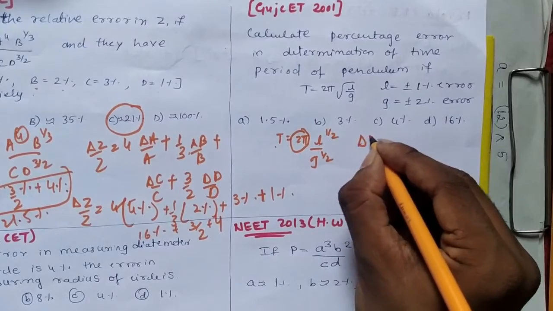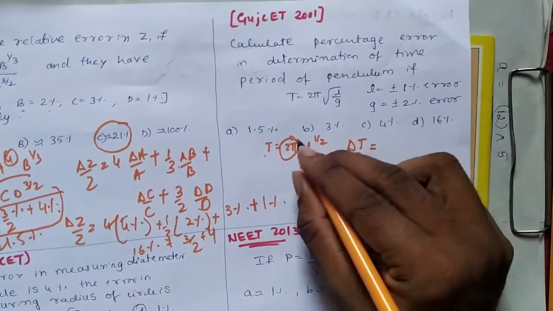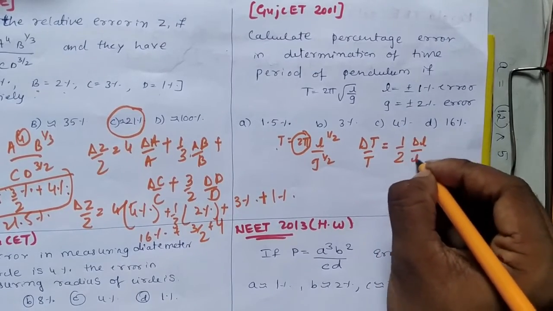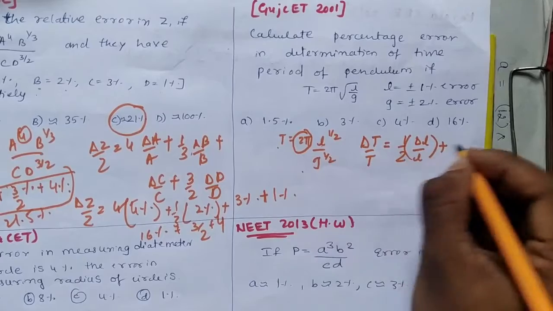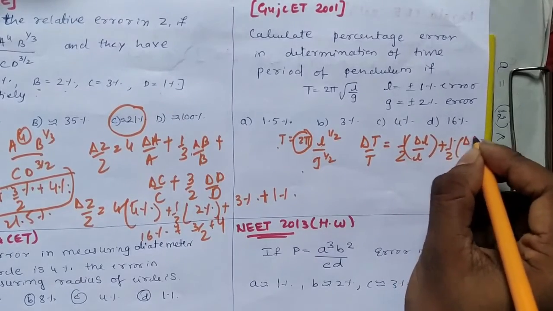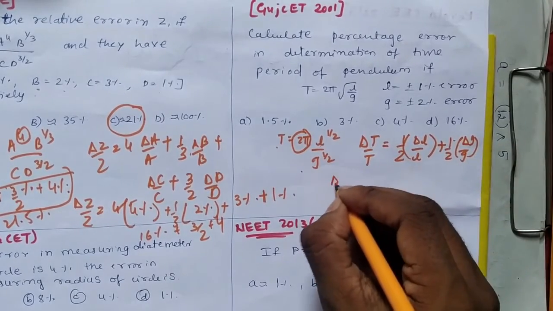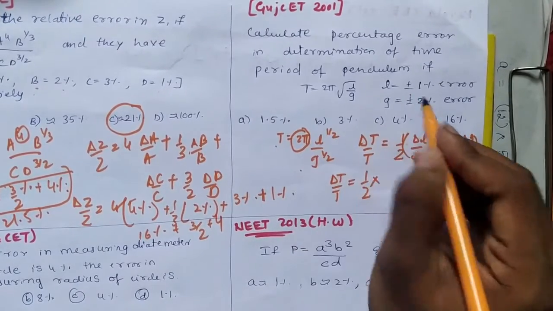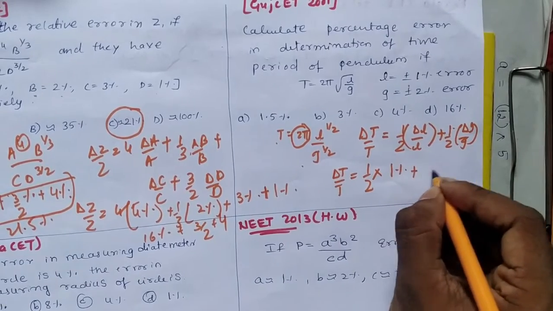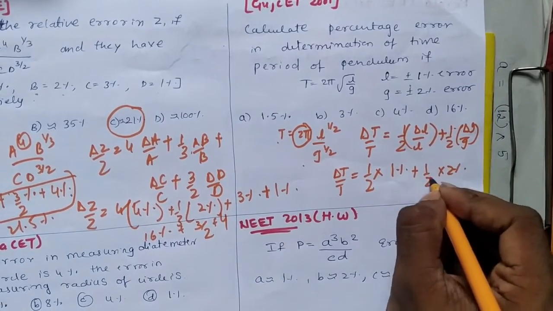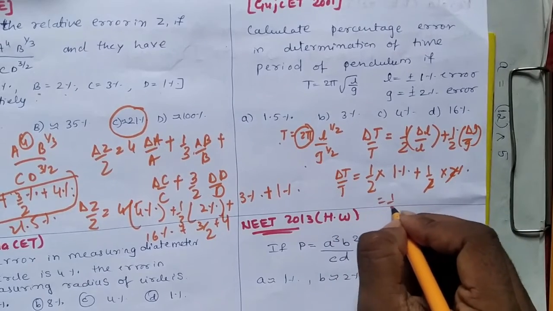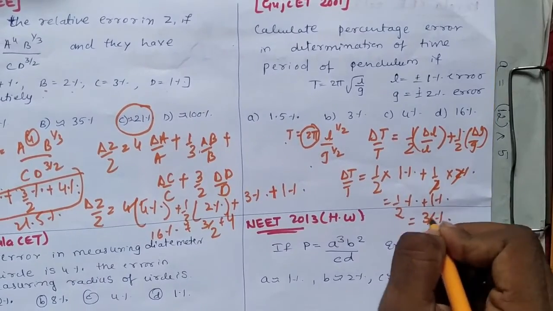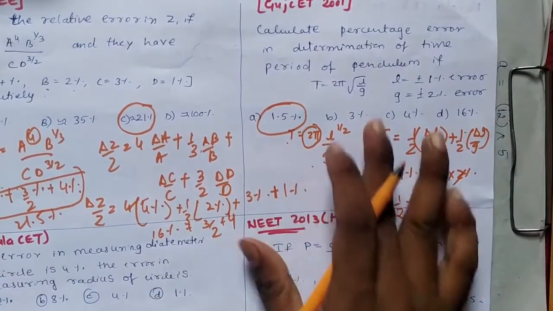So delta T by T is equal to 1 by 2 into delta L by L, plus 1 by 2 into delta G by G. L is 1% and G is 2%. That is 1 by 2% plus 1%, which will be 3 by 2%, meaning 1.5% is the answer.